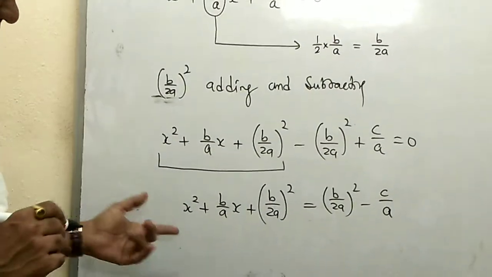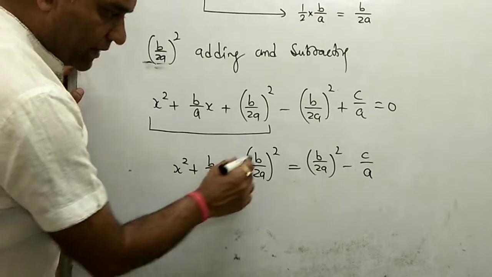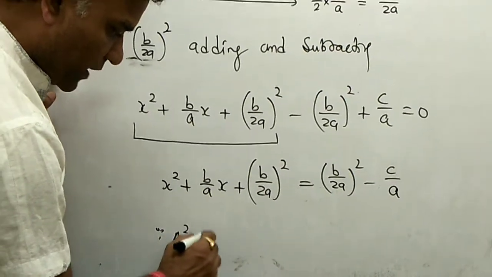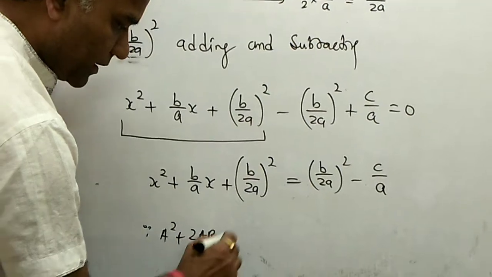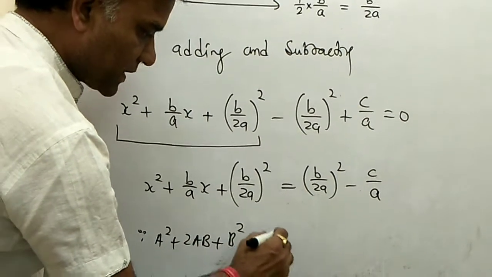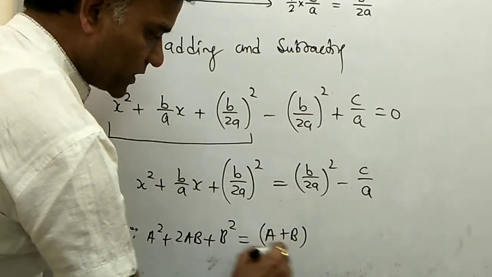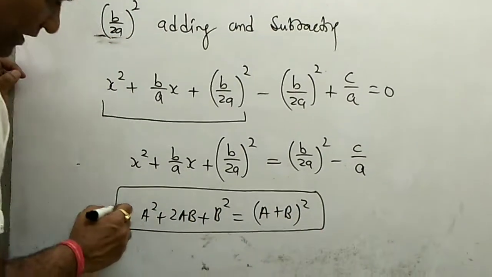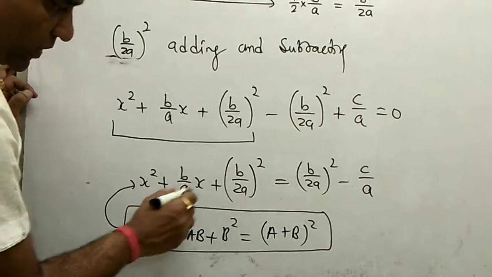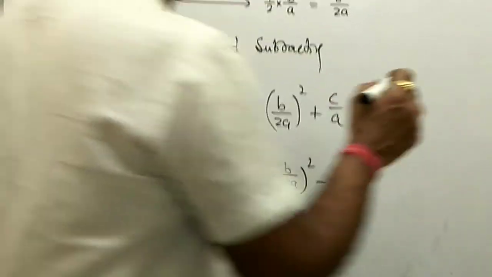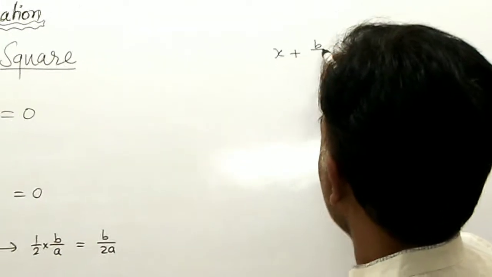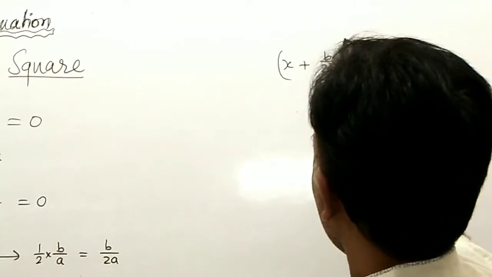Now use the concept: here you have a square and b square. Since we use the identity a square plus 2ab plus b square, which is a plus b of whole square, this converts into the whole square x plus b by 2a of whole square.